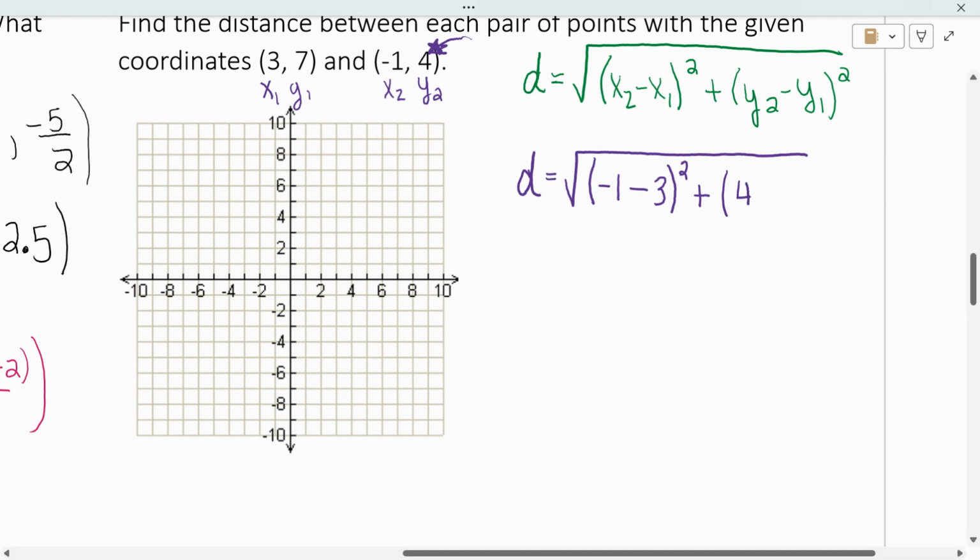You said 4? Okay. Minus. What number am I substituting in for y sub 1? 7. Close my parenthesis, squared.